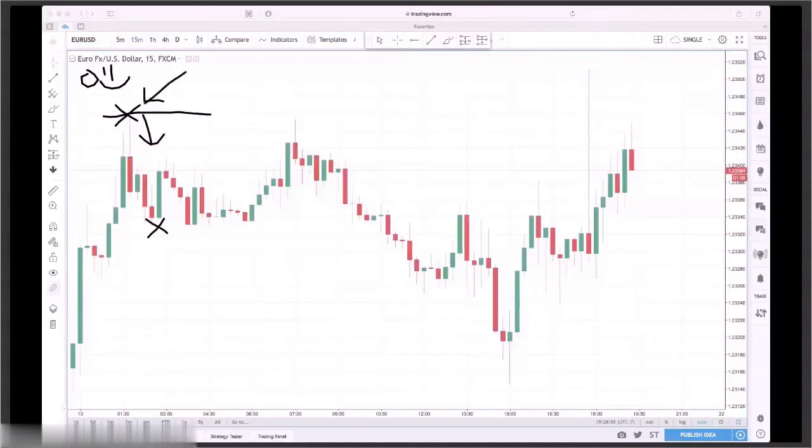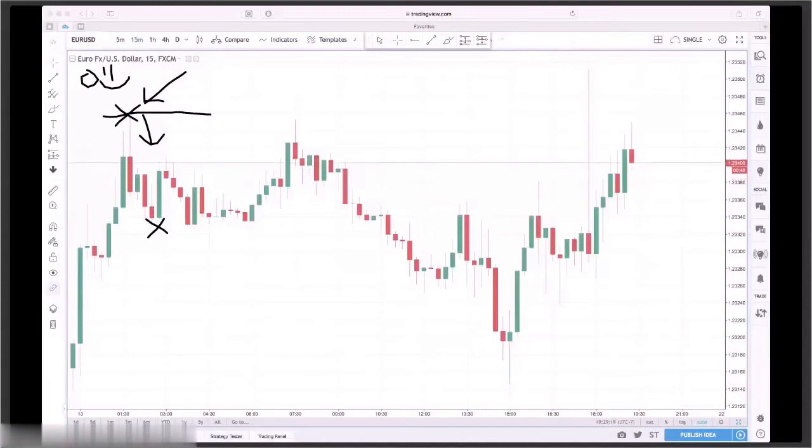Everyone keeps looking at, oh my God, look at that big red candle, or, oh my God, look at that big green candle. Stop that. You need to stop that today. Okay? The less you panic, the better you'll trade. So when you see something like this, what you're interested in is, okay, interesting.